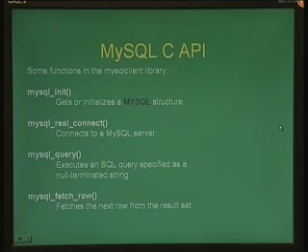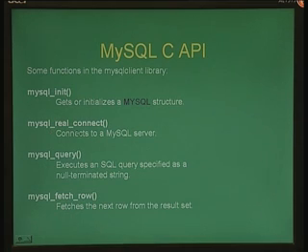So there are several different such data structures which you can access. Similarly, there are several different functions that you can also use as part of your program. For example, you can say mysql_init, which initializes a MySQL structure, that is, it obtains a handle to a database connection.